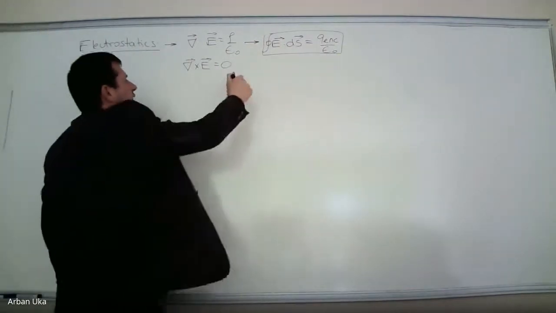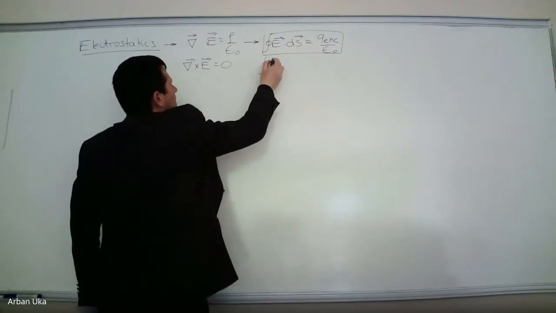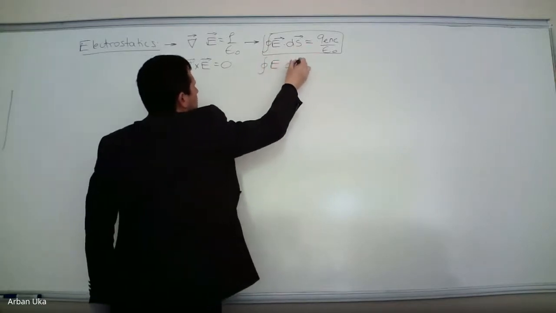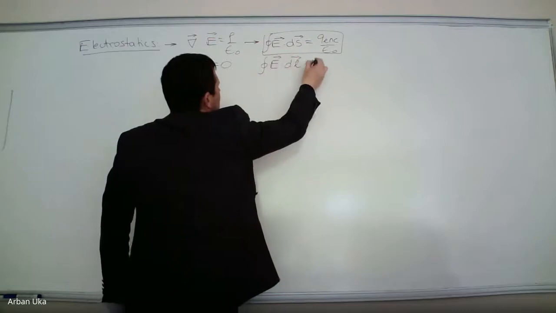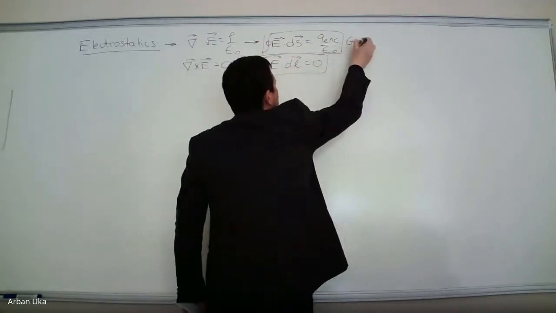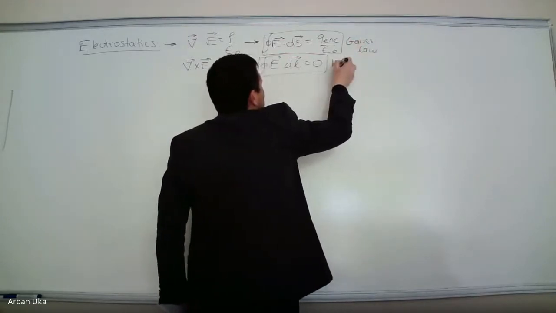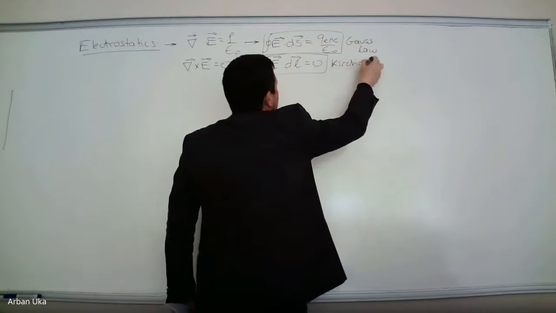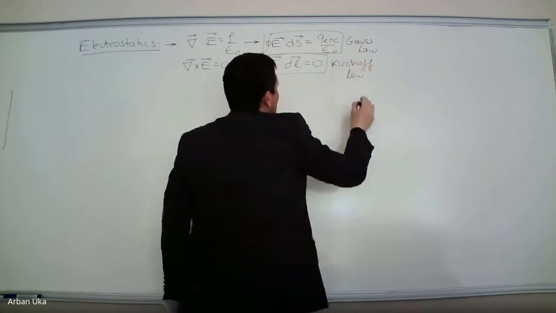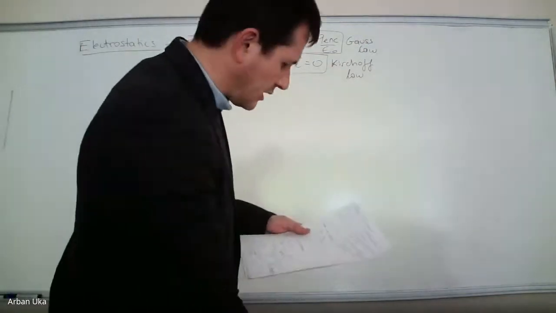And then we have also another expression, which was that the closed integral of E dot dl is equal to 0. The first one is Gauss law and the second one is the Kirchhoff law. Okay, so this is how we started. We know how to derive these because we know the vector calculus.